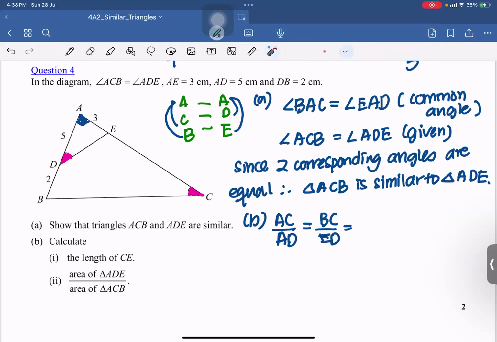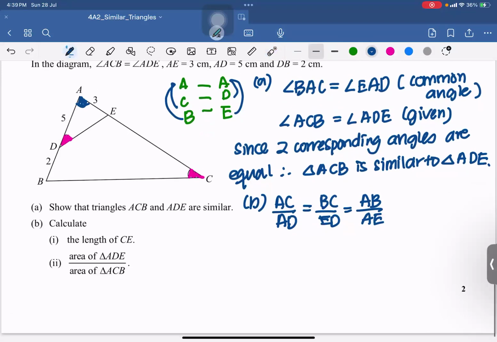And last but not least, AB with AE. Notice all the ratios on top are sides for triangle ABC. All the ones below are all the sides for triangle AED. Right? Let's fill in measurements.